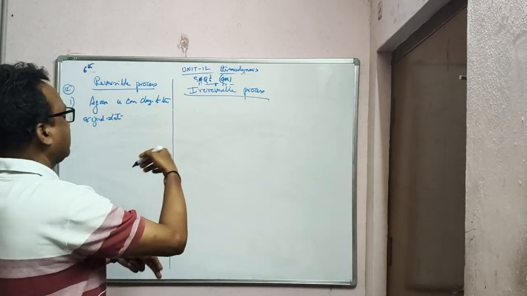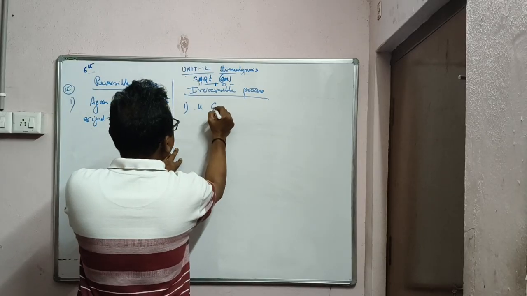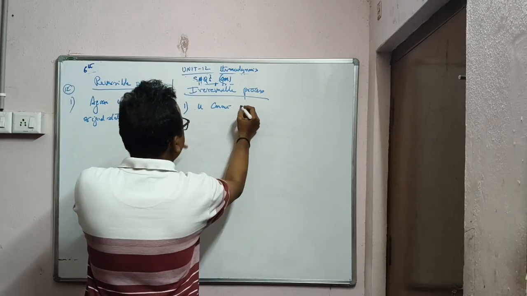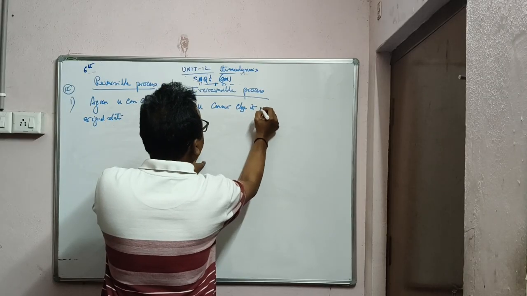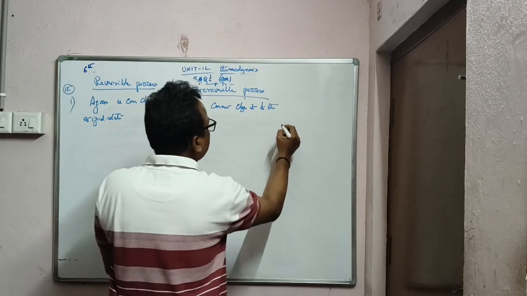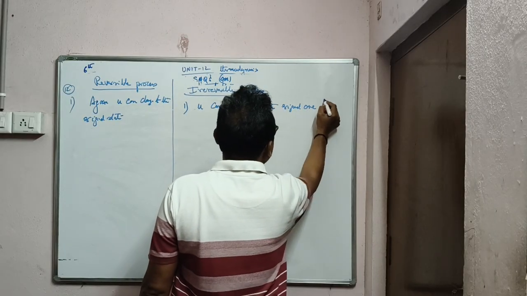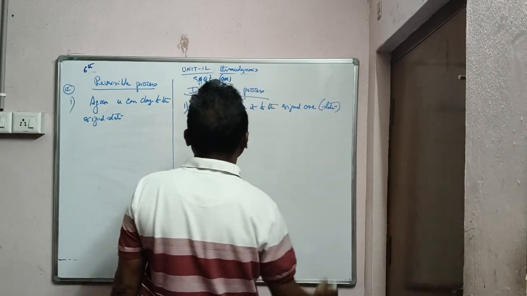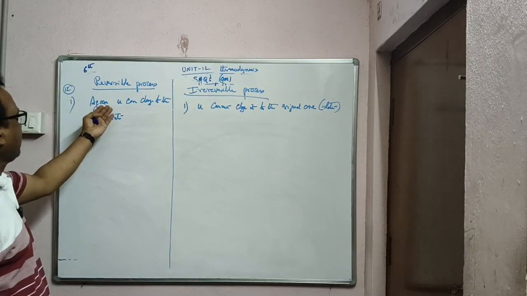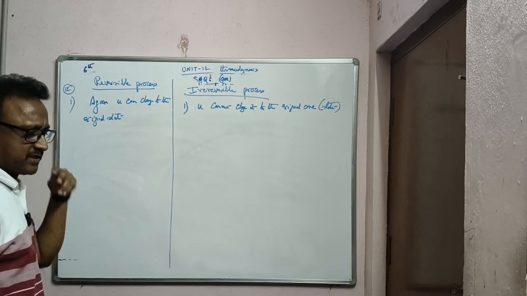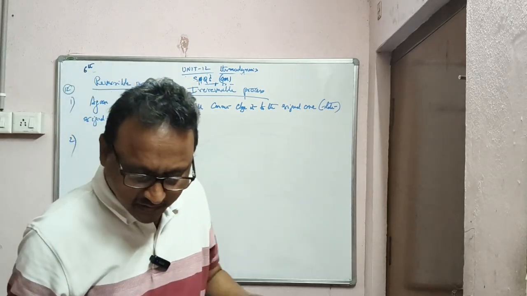Reversible: again the original state. This is irreversible: you cannot change it to the original one. That is called an irreversible process. You cannot change it to the original one. You can bring it to the original state.